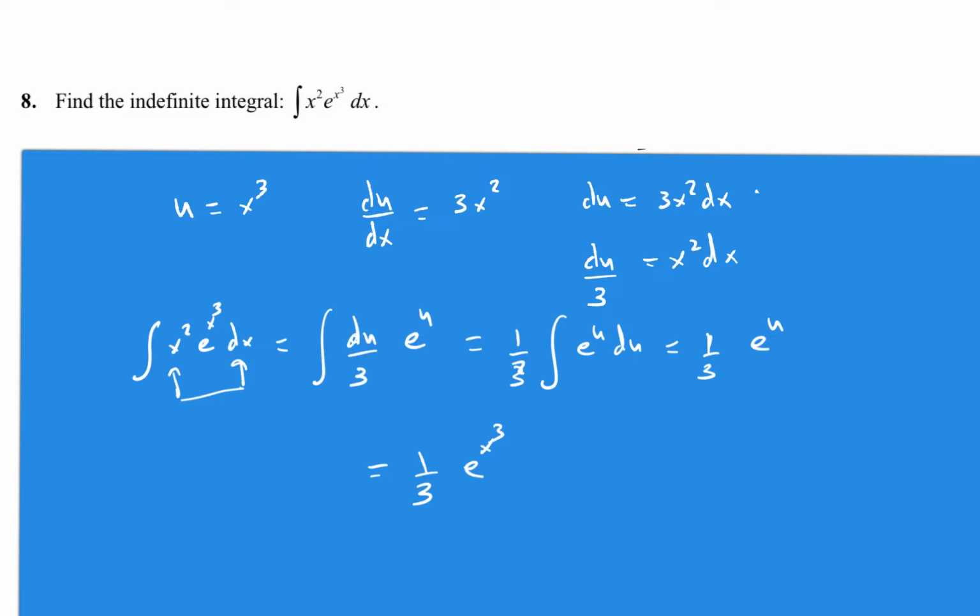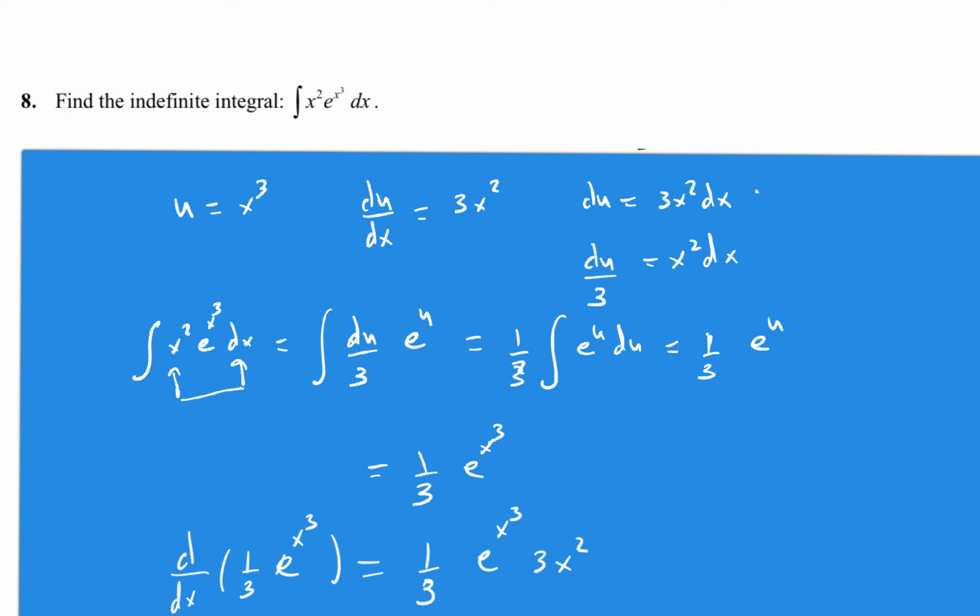So we may say, okay, if I take the derivative of this function, shall I obtain this function? Yes, let's do it. The derivative with respect to x of 1/3 of e to the x cubed is 1/3 e to the x cubed multiplied by the derivative of x cubed, which is 3 times x squared.